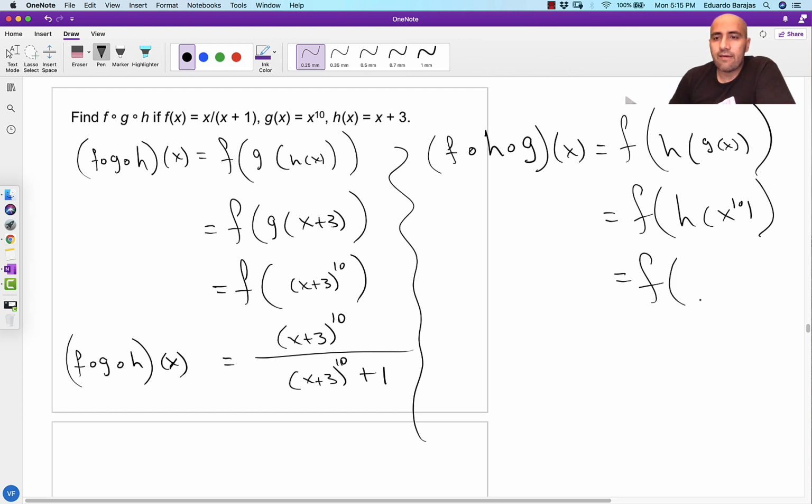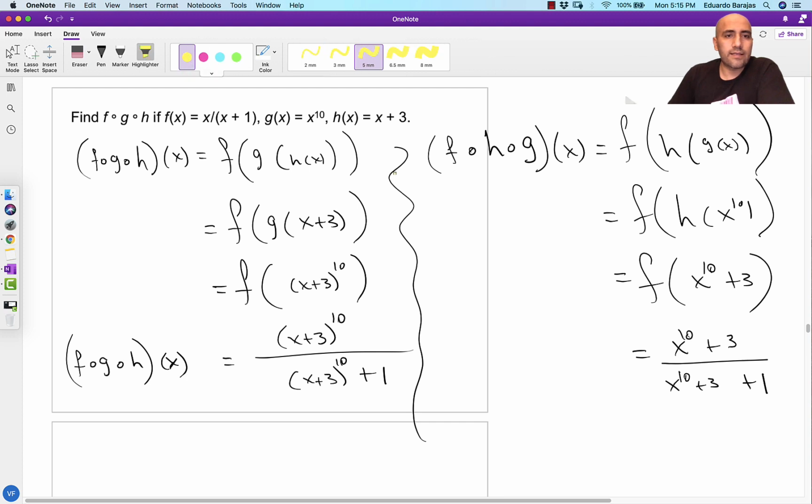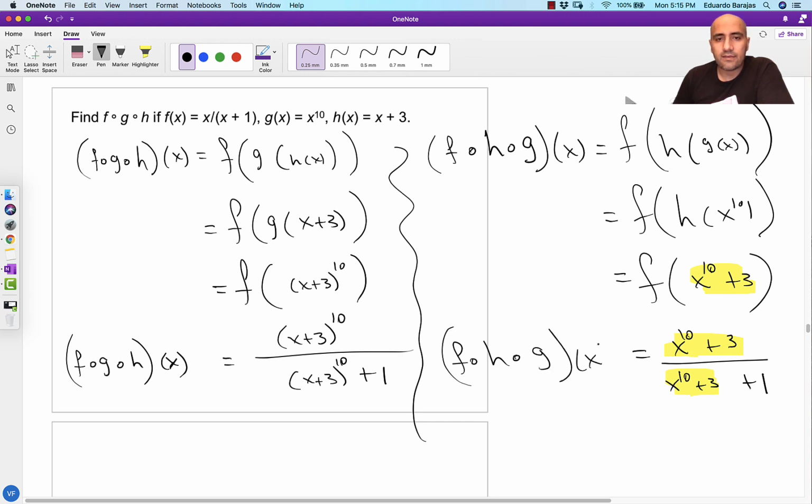So this would become f of x to the 10th power plus 3. And finally, f says take whatever the input is and divide it by the input plus 1. So this would become (x to the 10th power plus 3) divided by (x to the 10th power plus 3 plus 1). Right, where, just to highlight this, this is the input of the f function. So it's got to be the input over the input plus 1. So that would be f composed with h composed with g evaluated at x.